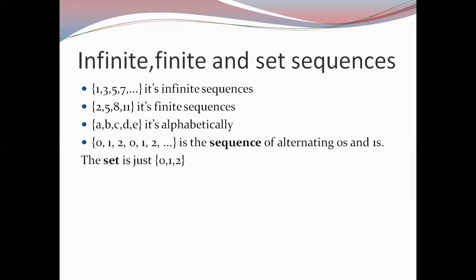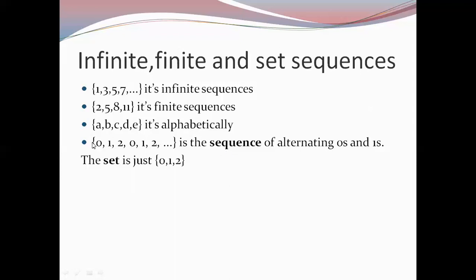Second, 2, 5, 8, 11 is a finite sequence because it has only 4 terms and is limited. Next, A, B, C, D, E is alphabetical and limited.